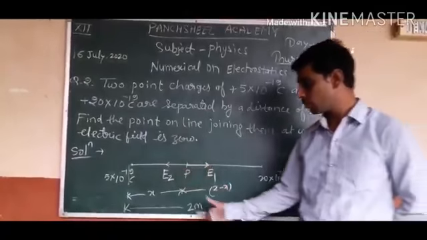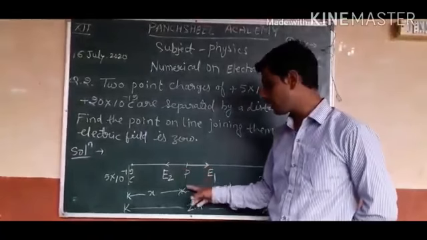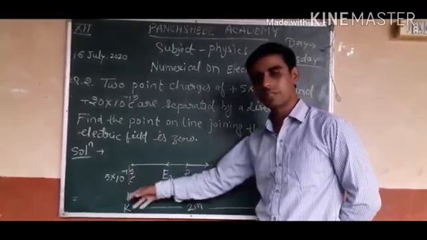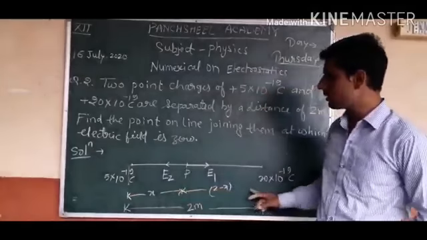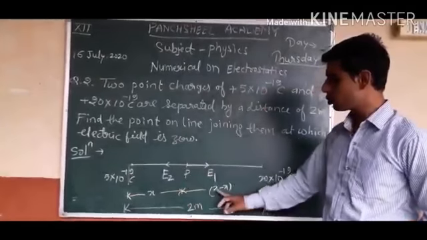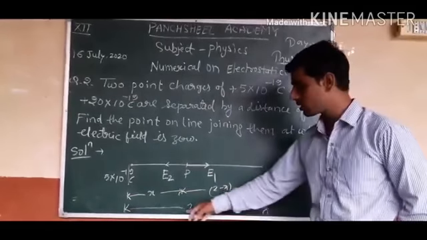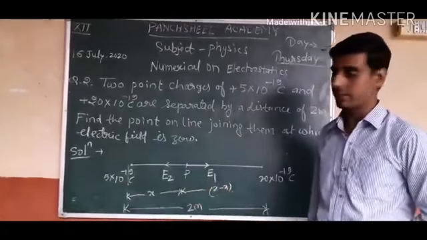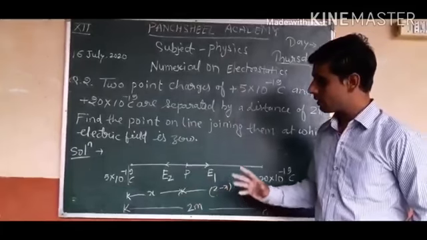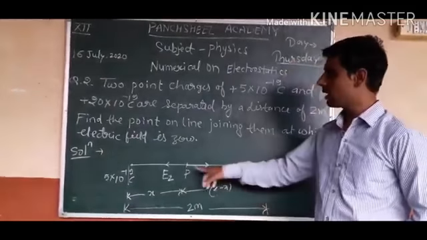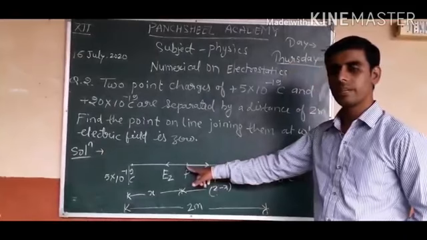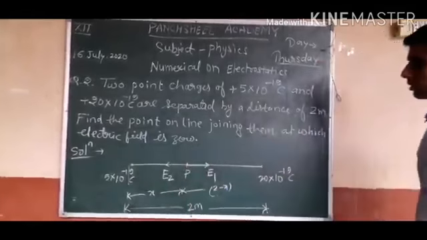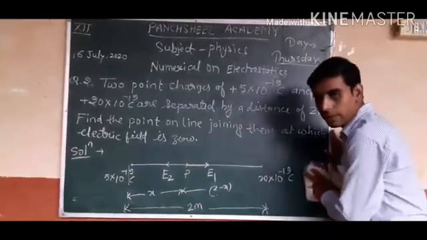And one more thing, suppose this point P is x meter distance from this charge, and the distance between this point and the other charge is 2 minus x. Why 2 minus x? Because the total distance is 2 meter. So if this is x, this is the remaining 2 minus x. Okay, so here is the one condition: the electric field at point P, E1 equal to E2. So solve this and you will get the answer.